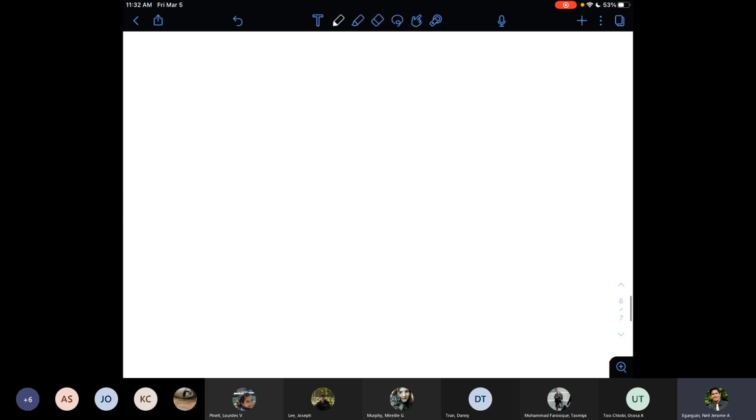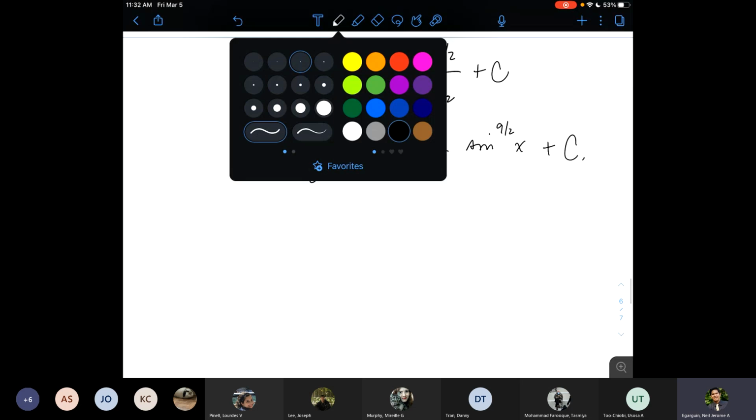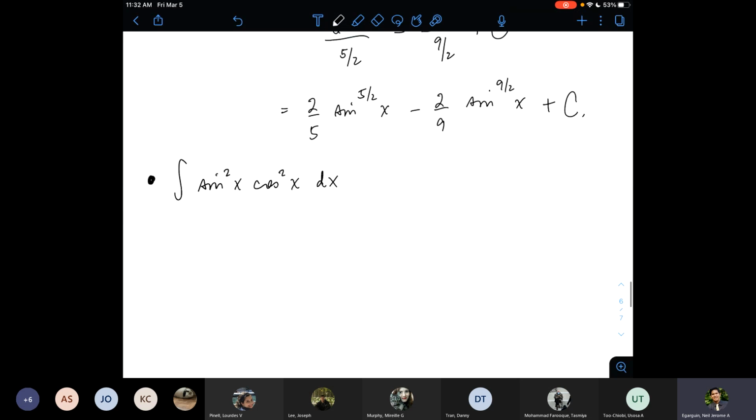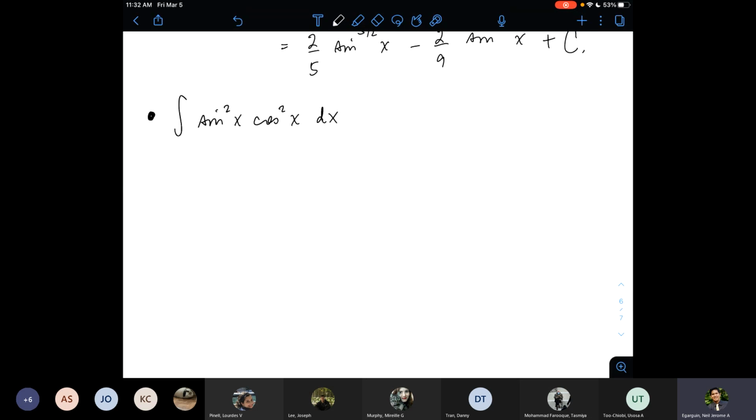Hopefully, we can solve this, because one problem about integration is that not all functions are integrable, and at this point, we only have limited techniques. So I'm praying that this example can easily be solved. This is just sine squared x, cosine squared x. I'll keep it simple so that I can illustrate the process here.